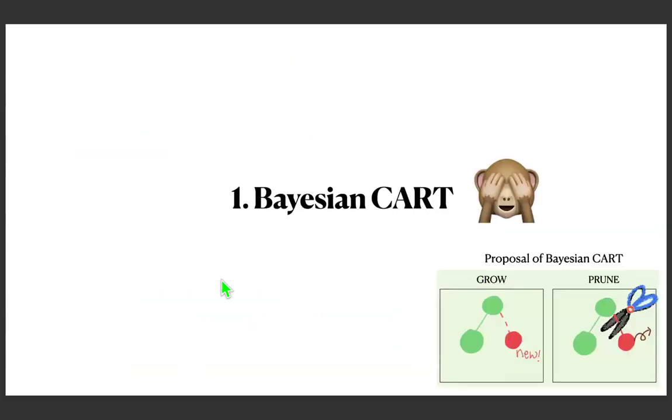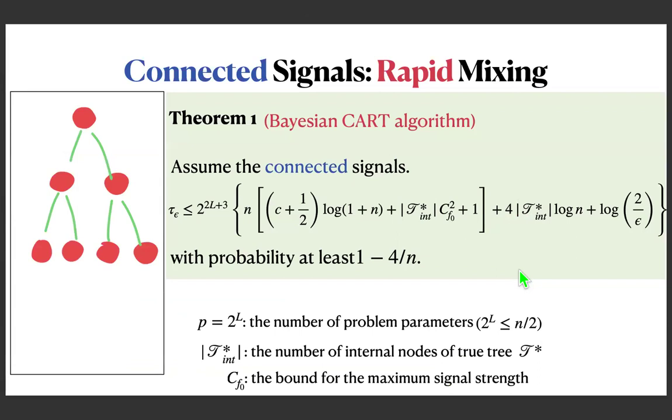First, the Bayesian CART algorithm. To remind us, it has two movements, grow and prune, which is a very local movement because we either add or cut one node at a time. There is good news: when the signals are connected, we can have a rapid mixing rate.